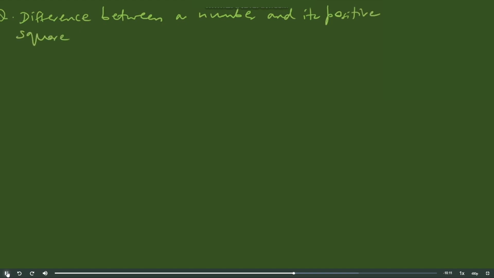The first question: the difference between a number and its positive square root is 12.